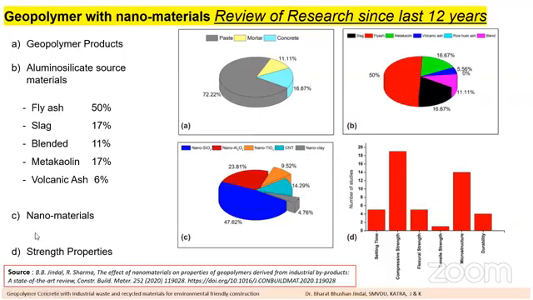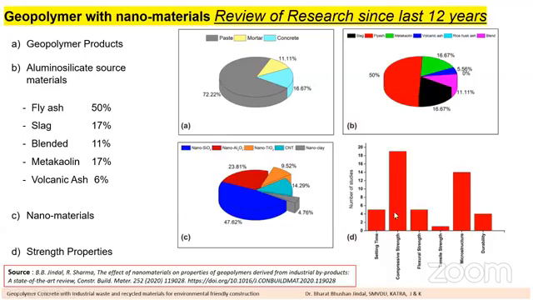Now, what was their observation? What were their conclusions? That means the strength properties which they have discussed. You can see in graph D, number of studies versus the type of study, which property they explored. Very few studies are available on exploring the tensile strength of geopolymer concrete.